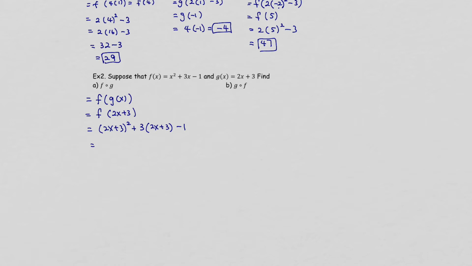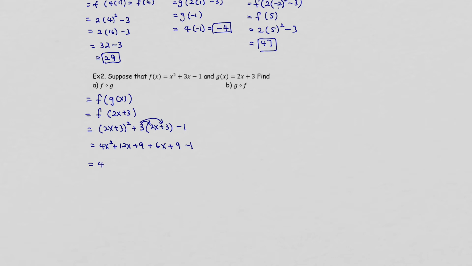This gives you 2x plus 3 squared, which is 4x squared plus 12x plus 9. When you distribute 3, you get plus 6x plus 9 minus 1. Combine the like terms.